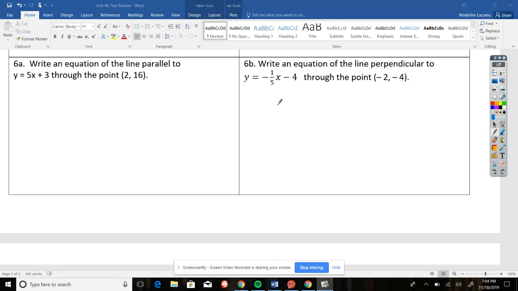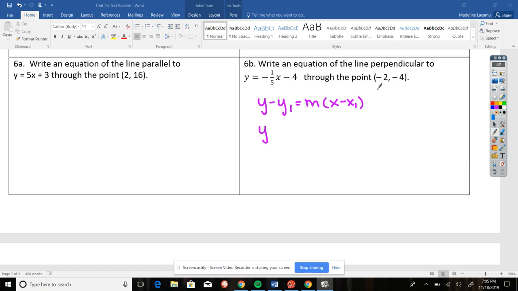Okay, so let's go back to point slope form. So again, point slope was y minus y1 equals m times x minus x1. So like before, we know that our slope was a 5.